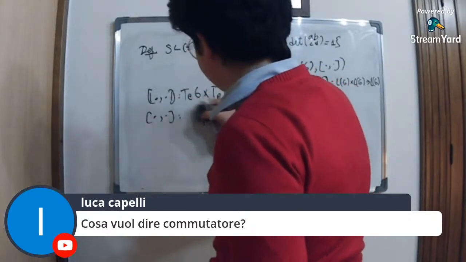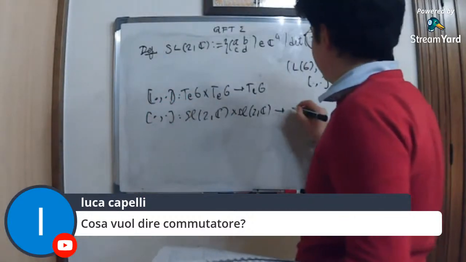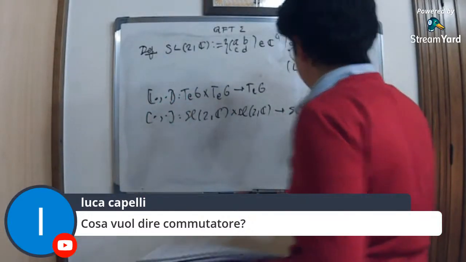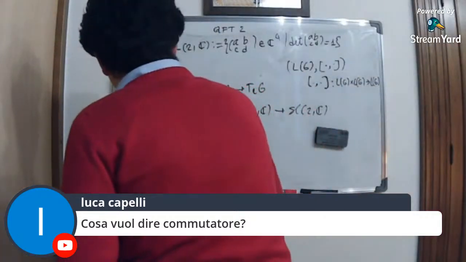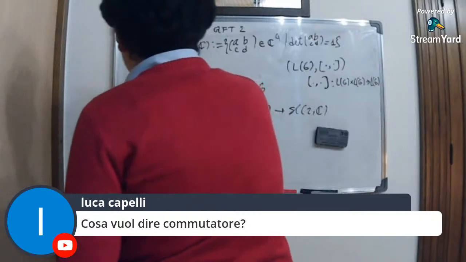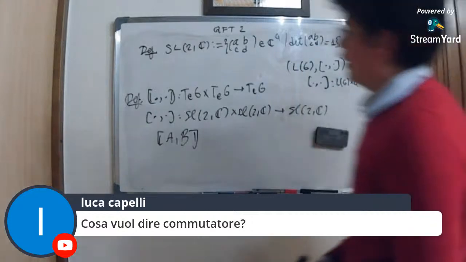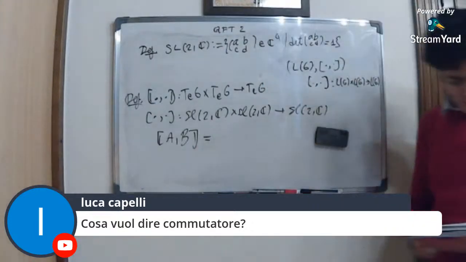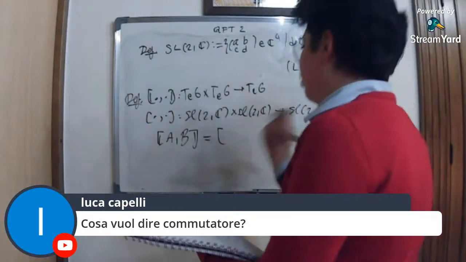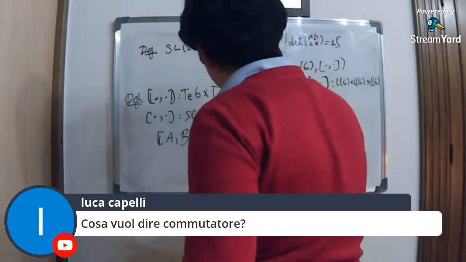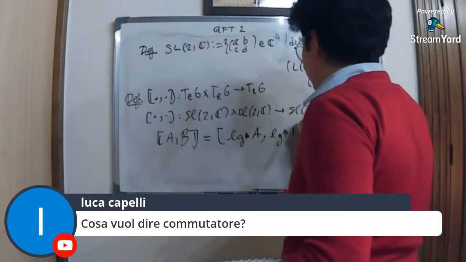I have vectors, and the commutator, this is a definition, is equal to the normal commutator, LG acting over A, LG dual acting over B.